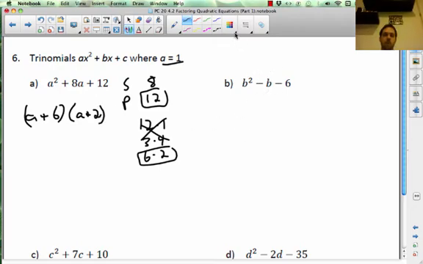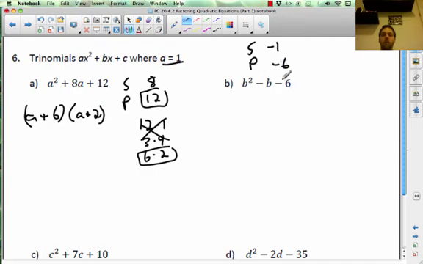Move on to the next one. This one's a little bit trickier. If there's nothing here but a minus sign, that implies a 1 in front of the b. So your sum is minus 1, and your product is minus 6. So choose the factors of minus 6. Now, in order to end up with a negative product, you need one positive and one negative, okay?